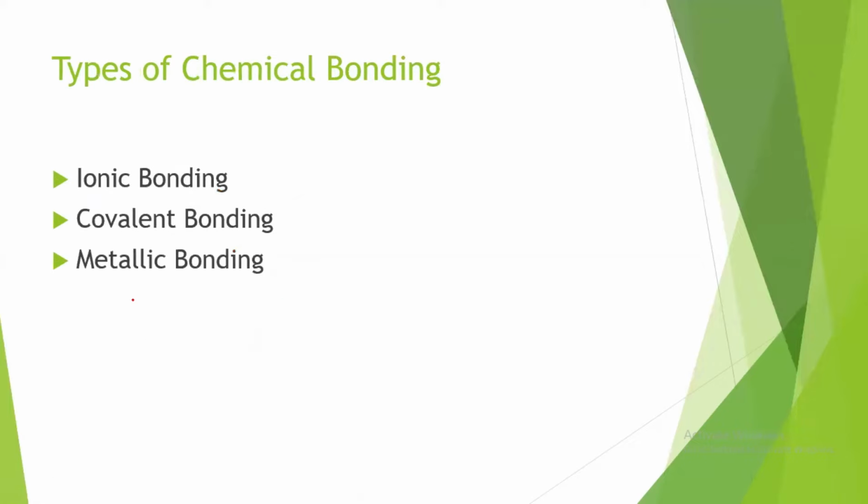So there are basically three types of chemical bonding. The first is ionic bonding, which occurs between a metal and a non-metal.